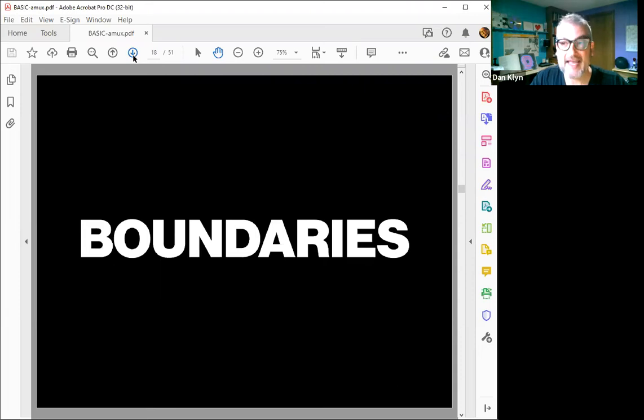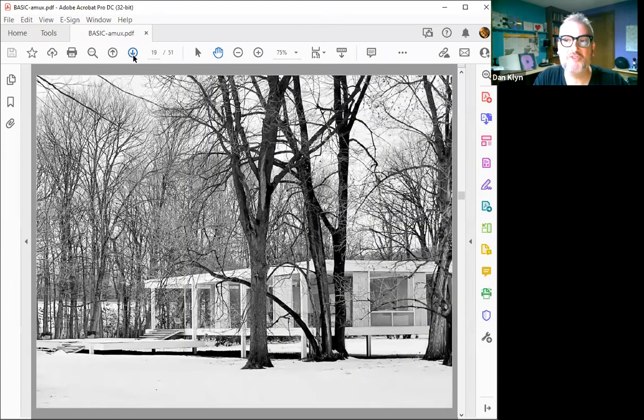Asking questions about boundaries is a terrific way to start getting into that. And a prime example of this, and all these examples of buildings are places that I've been to, the first one here is the Farnsworth House by Mies van der Rohe.